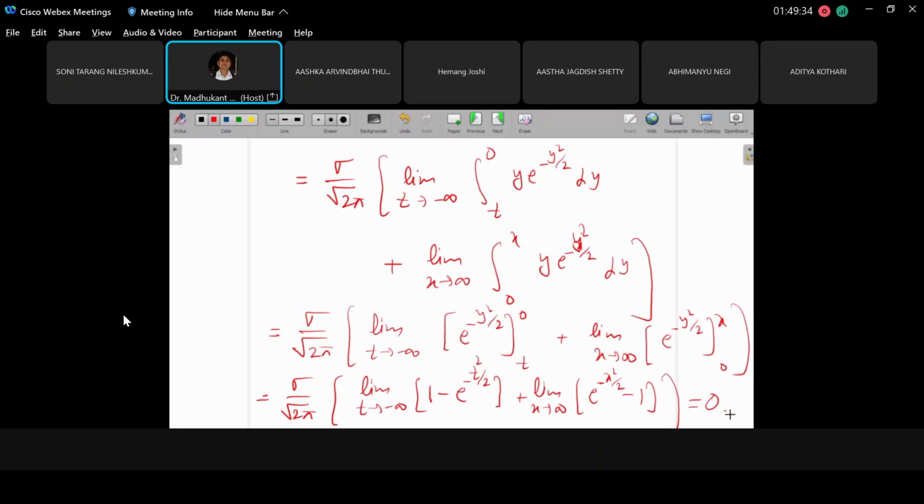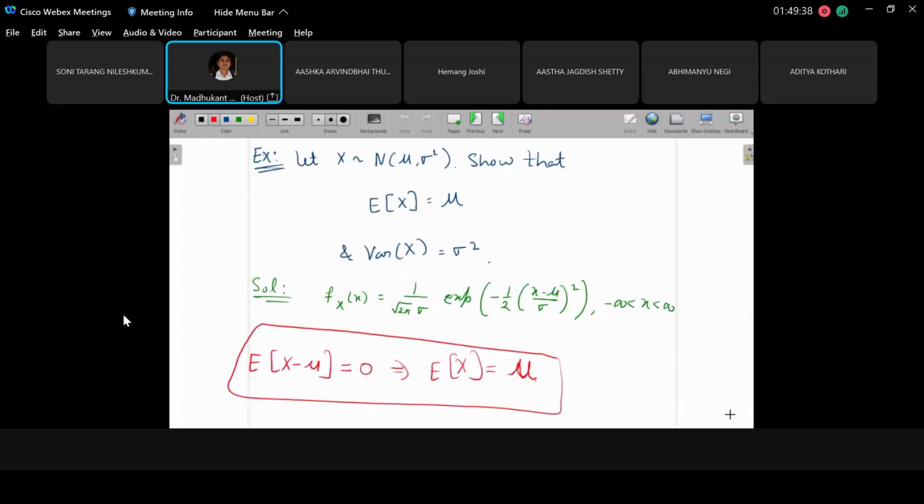Okay, right? So this is about the mean. For the variance, you can use the definition: variance of x is the expectation of x minus mu whole square, which equals sigma square.